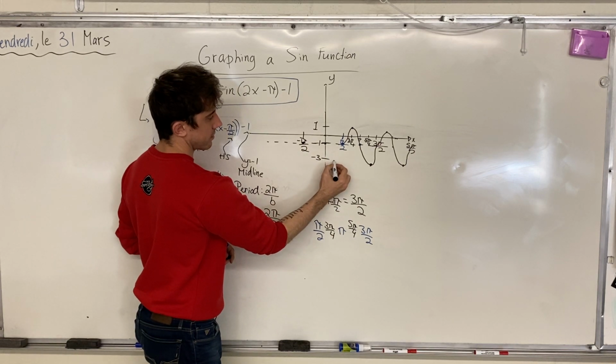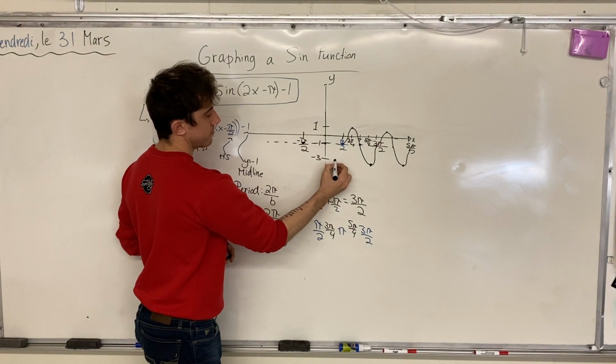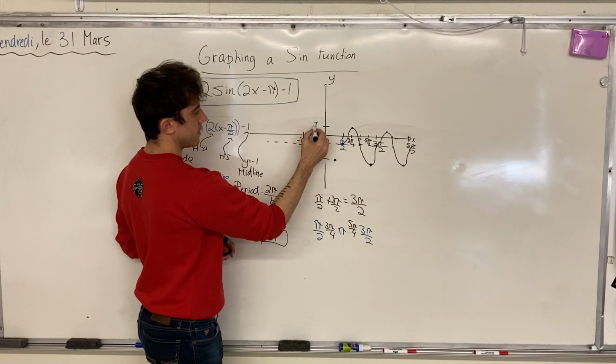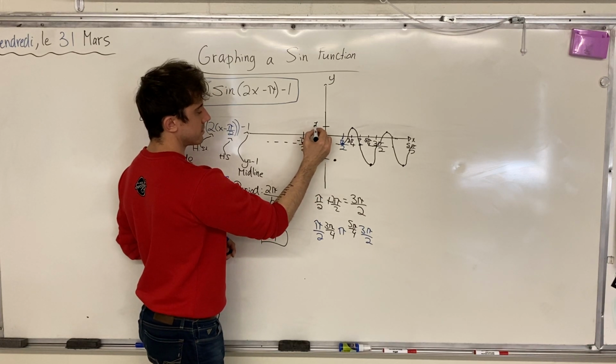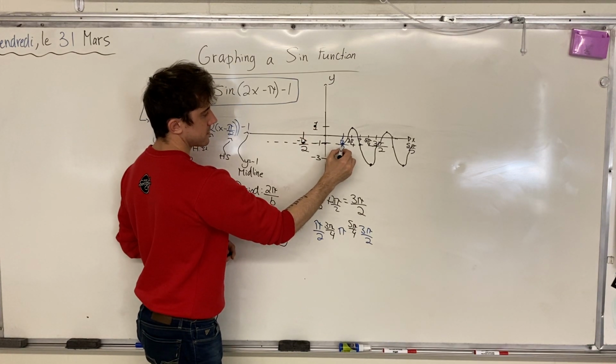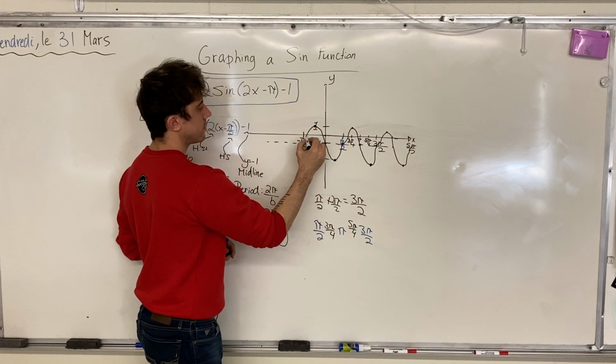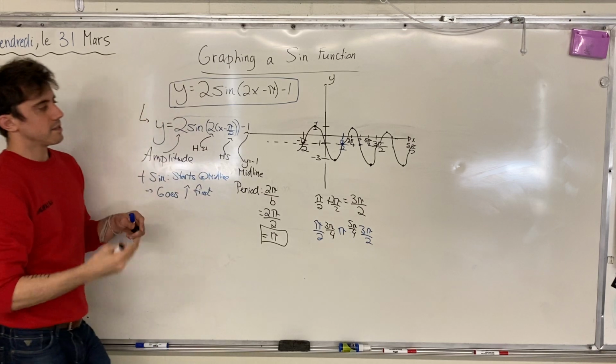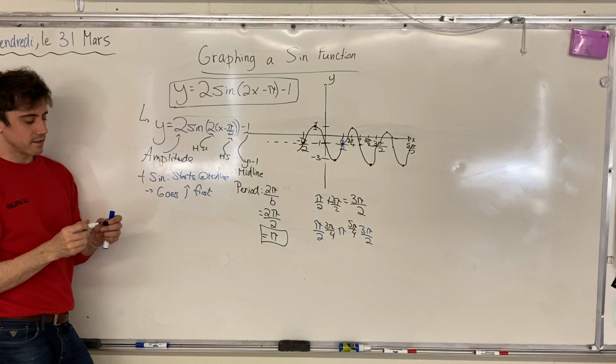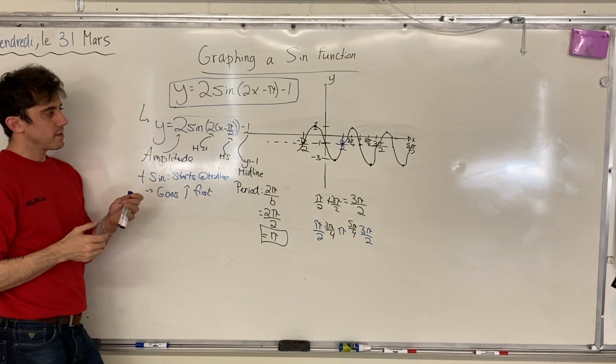We're going to hit our minimum down here, and our maximum around here, so that'll take us down here, back up, and so on and so forth. And so we can start seeing the general sine function on the graph.